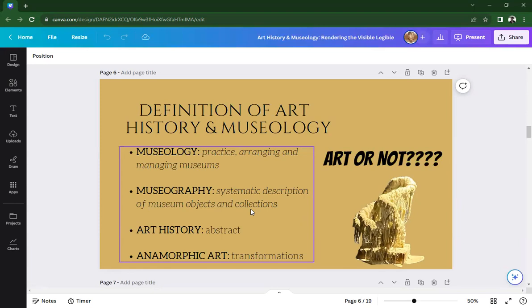Basically, there are different types and forms of arts, no? And another one is the anamorphic art. There are a series of transformations along the time period that has been created or being painted, no? For example, this art right here, the question is it an art or not?